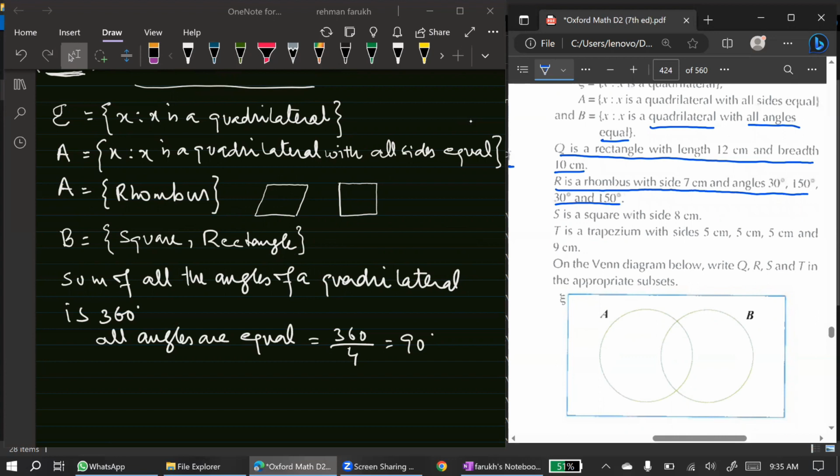On the diagram below, write down Q, R, S, and T in the appropriate subsets.